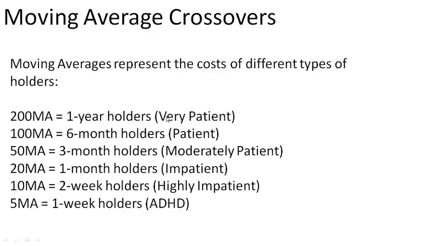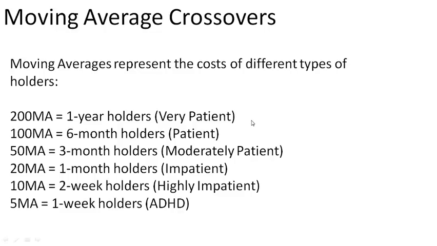So yung simple moving averages, it simply shows you the average cost nung buyers for the last number X days. So kapag 200 MA yan, we're saying na ito yung cost ng mga holders na nag-accumulate for the last 1 year.